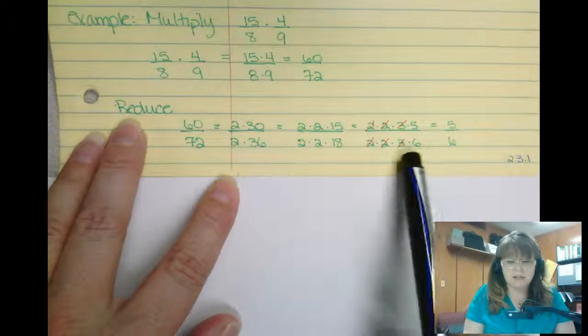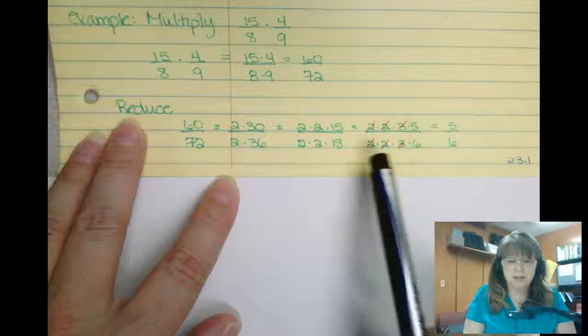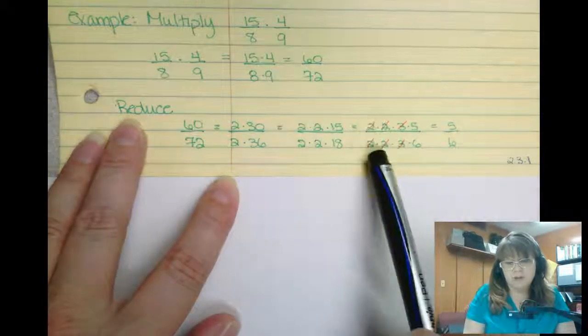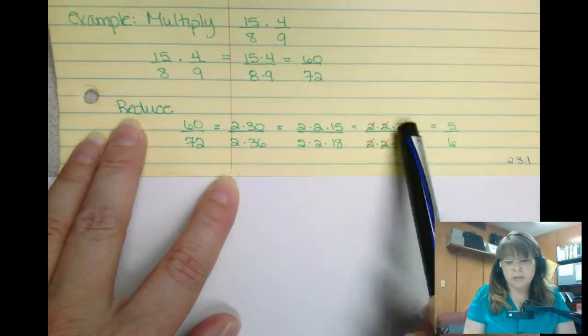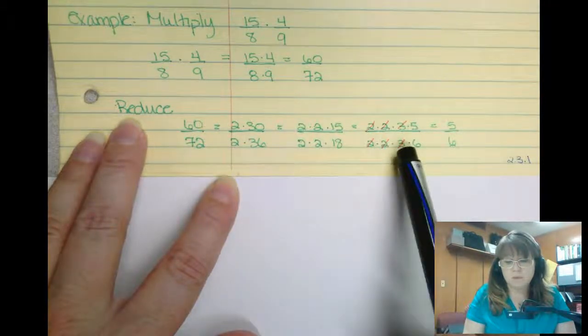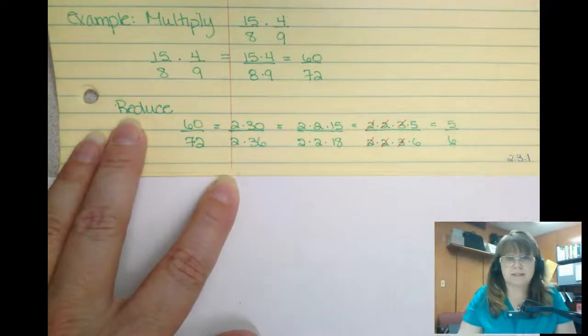And 18 is 3 times 6, so it's 2 times 2 times 3 times 6. Both the top, the numerator, and the bottom, the denominator, have a 2 in common, a 2 in common, and a 3 in common. 2 over 2 is 1, 2 over 2 is 1, and 3 over 3 is 1. So those all reduce down to 1. Now you have 1 times 1 times 1 times 5 over 6, leaving you with 5 over 6.